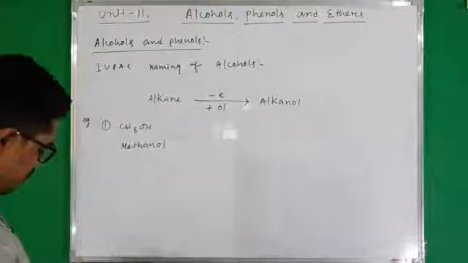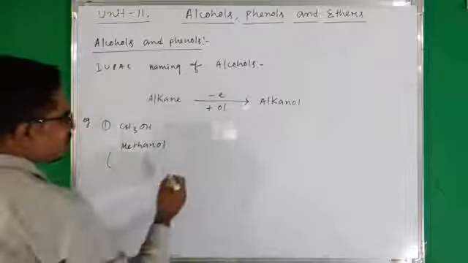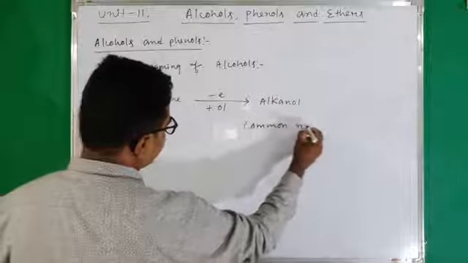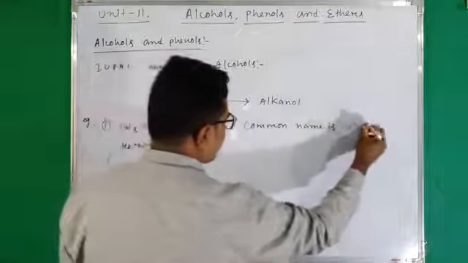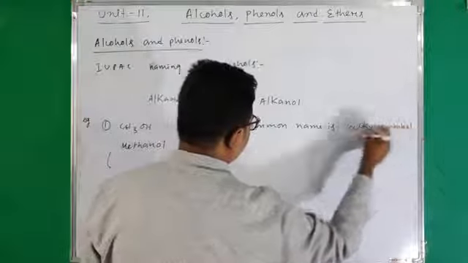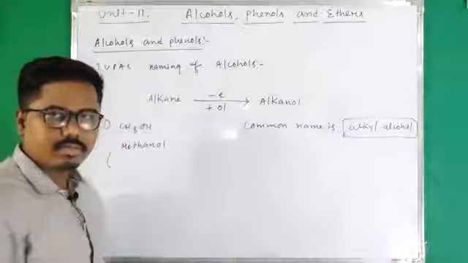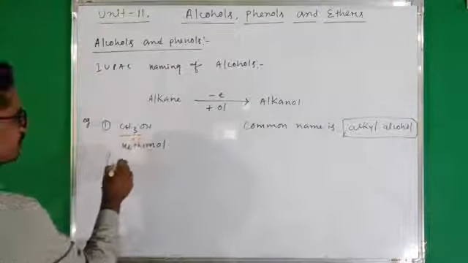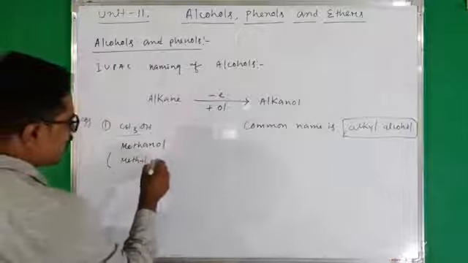If we consider the common name, then the common name is alkyl alcohol, or some other alcohols have some specific common names. In this case, the alkyl group is methyl.